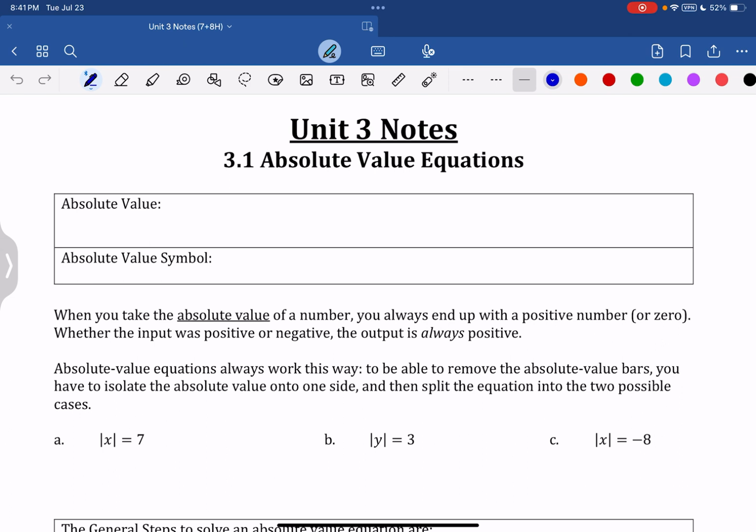So absolute value, hopefully you will remember, is the distance from 0. Okay, and distance is always positive.